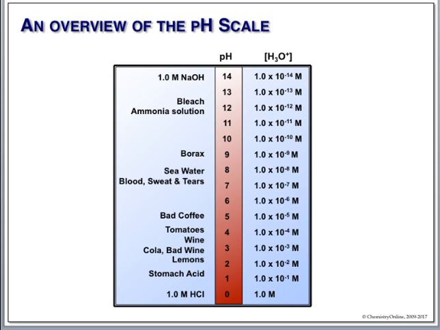And up here with 1 molar hydroxide, we're at 14. The scale can actually go above 14 and below 0. With a really, really strong acid, we can have a pH of -5. Really strong base, we can go -15, -16. But this is the scale that we typically deal with.